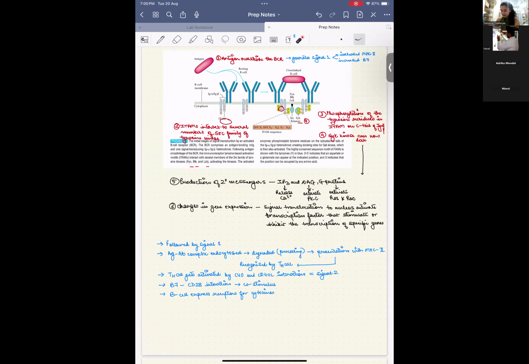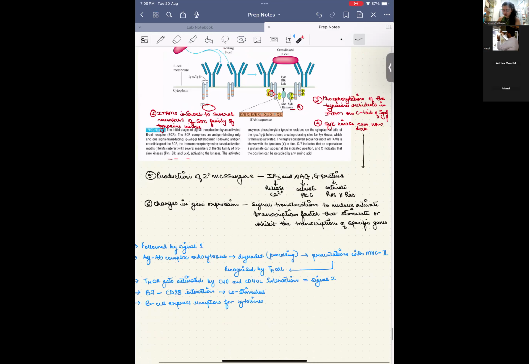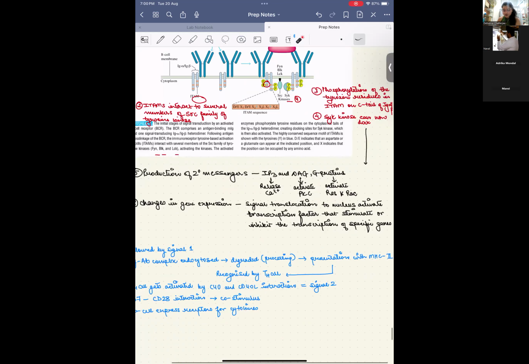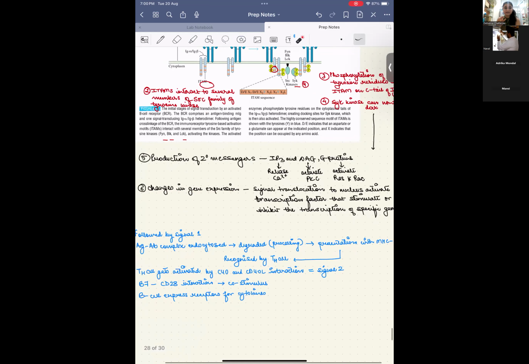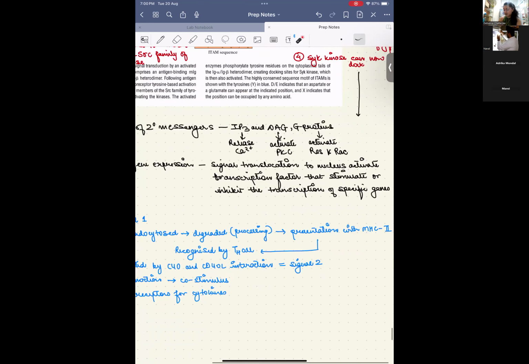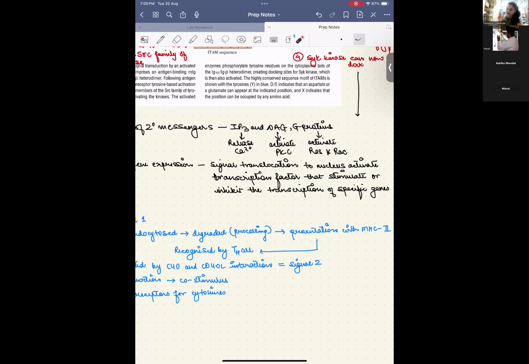This can ask the cell to actually divide, and in this process of division there can also happen some change in the gene expression pattern. So signal translocation occurs to the nucleus. This activates certain transcription factors. Based on which transcription factor is produced, you can have transcription of some specific genes that come into play.